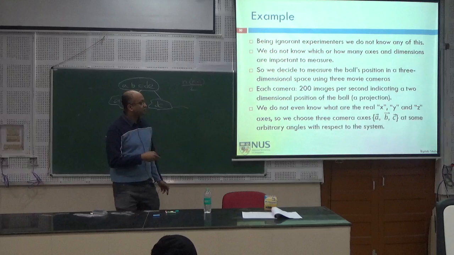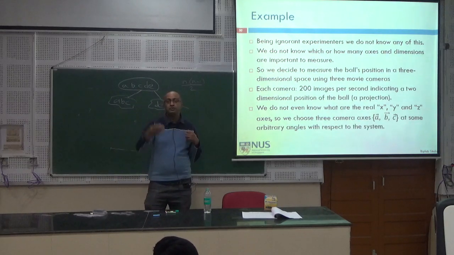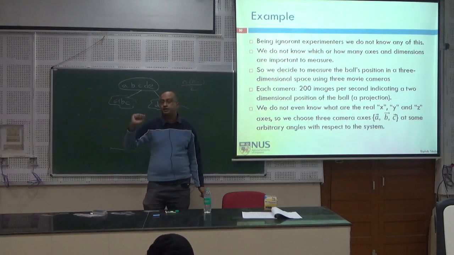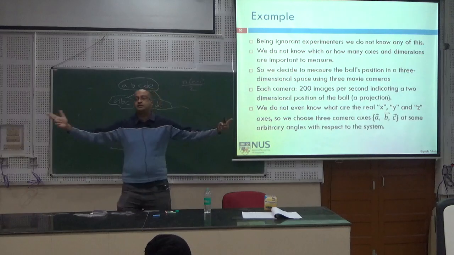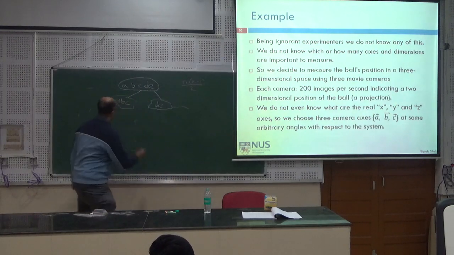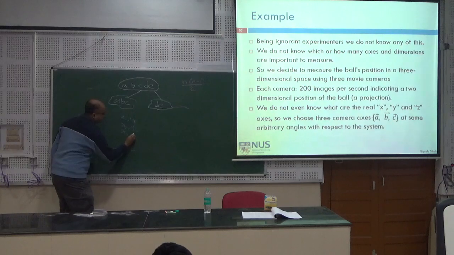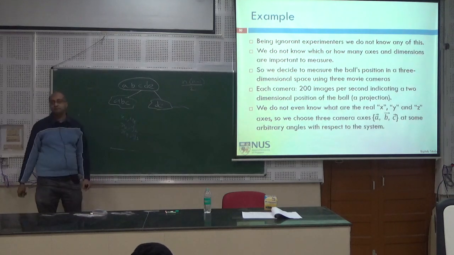So now, what data do I have? I have camera images from three different cameras. Each one is giving me X, Y, X, Y, X, Y. So I have a 6-dimensional input value now. A camera is giving X1, Y1, X2, Y2, X3, Y3.